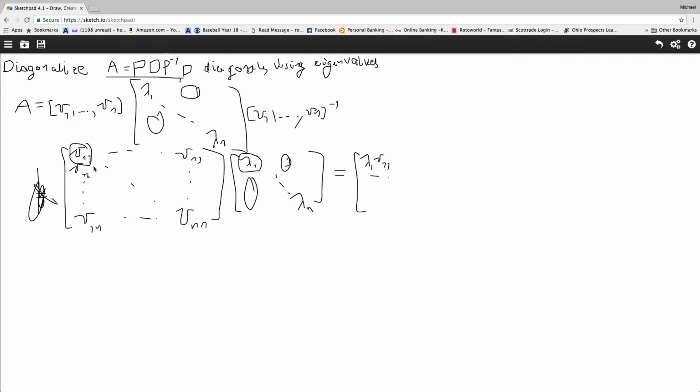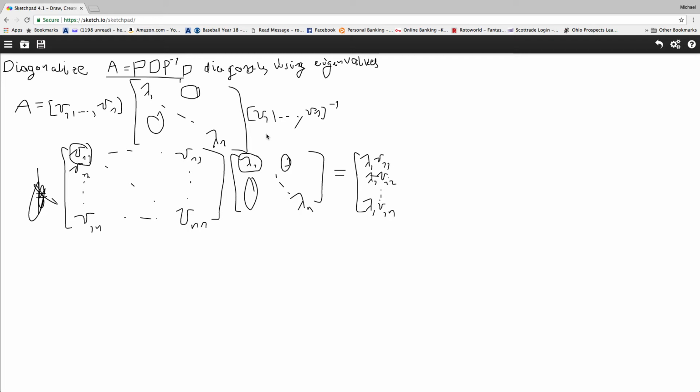Then we'll get lambda 1 V1,2. Carry that on down until you end up getting lambda 1 V1n. All the other ones would be 0, because you're going across here, down there, but all the way down from lambda 1 is all 0, so all of these others will be canceled out.